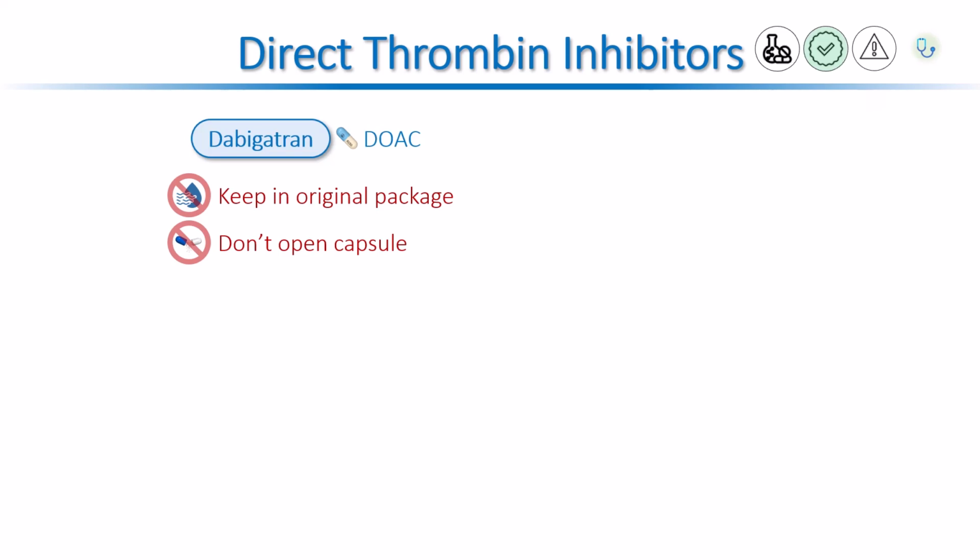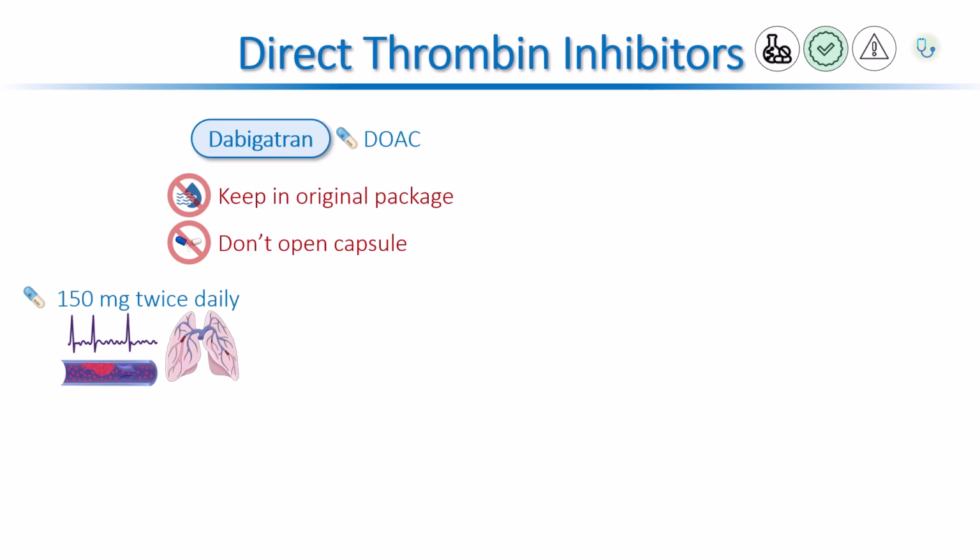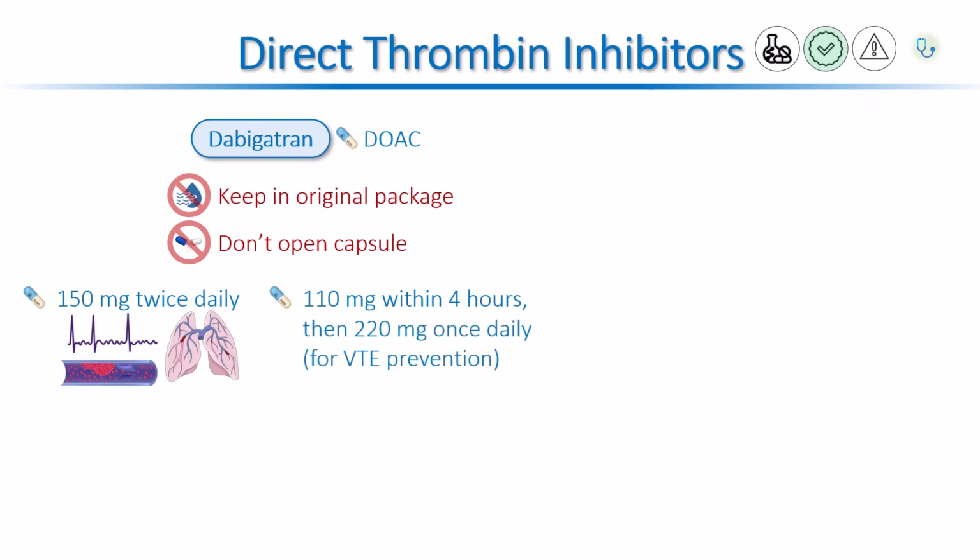We can use dabigatran 150 mg capsules twice a day in atrial fibrillation, deep vein thrombosis, or pulmonary embolism.